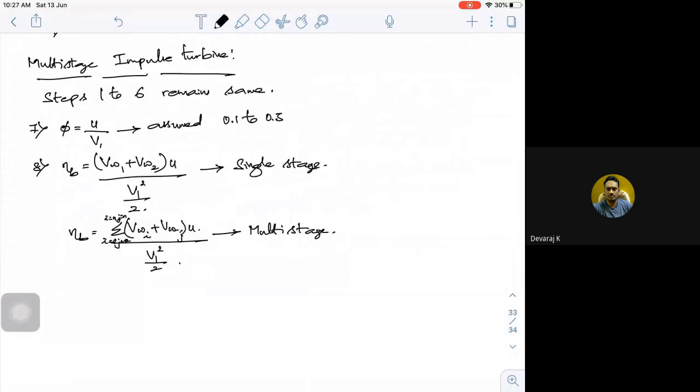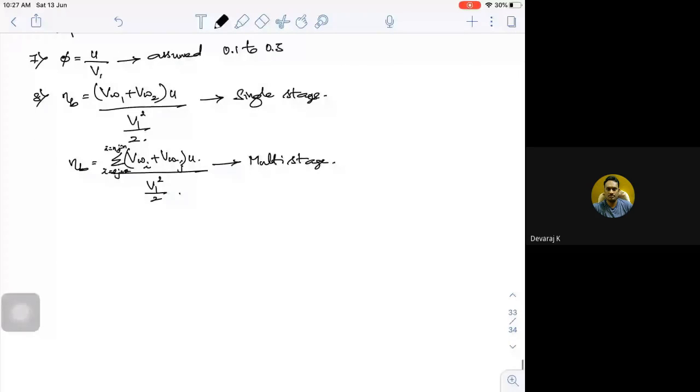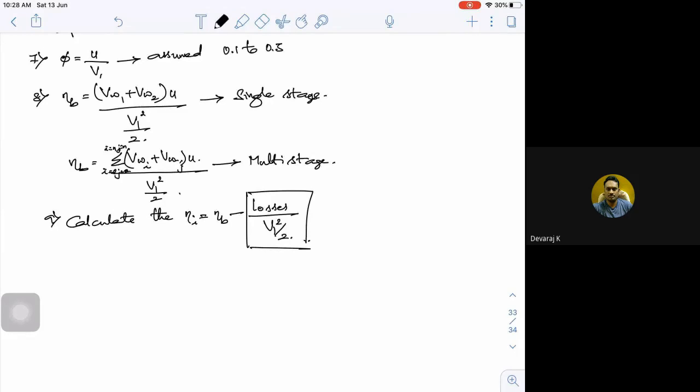So the ninth step: calculate the internal efficiency using this formula, that is minus your power losses, divided by your input kinetic energy. So this becomes critical for me. Why? Because I'm going for more and more stages.